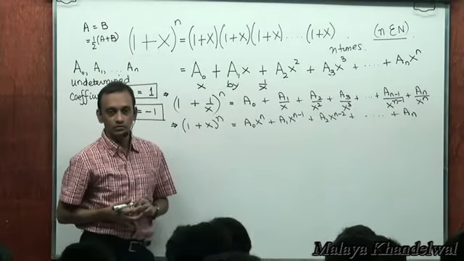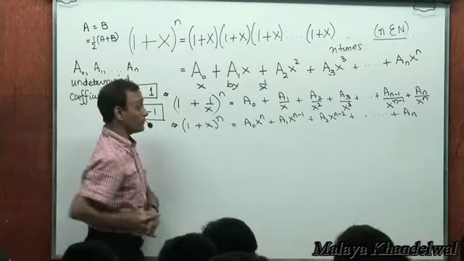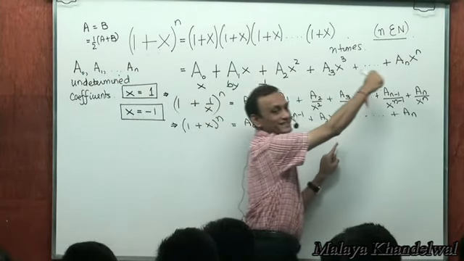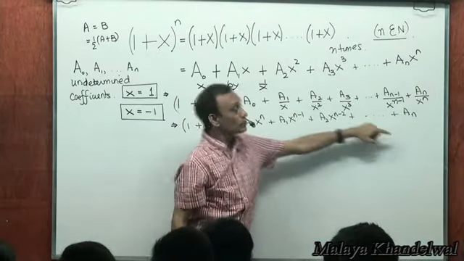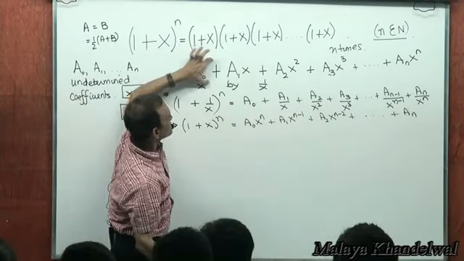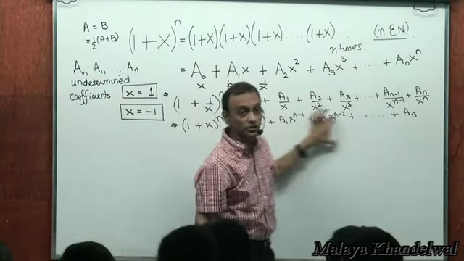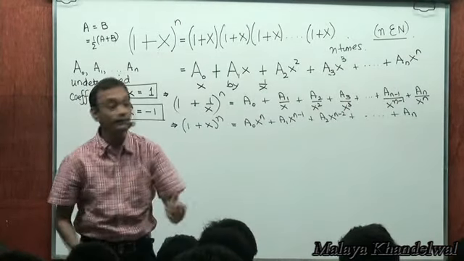Is it not? On multiplying throughout by x power n, this is what I get. But 1 plus x power n is also equal to this. So let me equate this expression to this expression, because both are equal to 1 plus x power n, right?